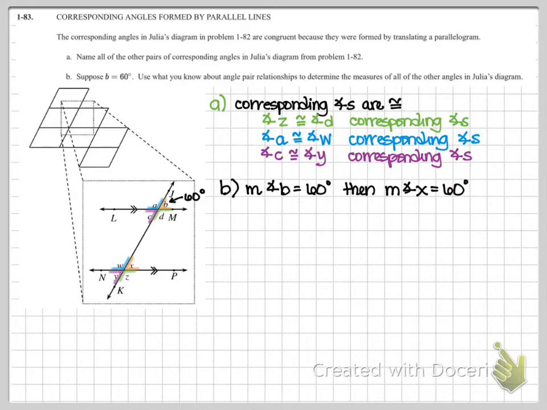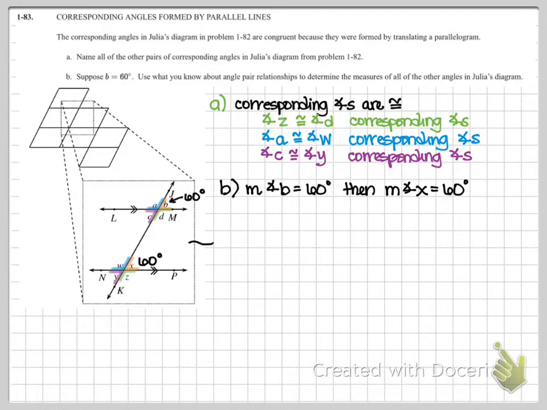And I know this because those guys are corresponding angles. We already determined that. Then we need to be able to find the rest of these, and we want to try to figure out a whole bunch of angle pair relationships. So I think I'm just going to start filling stuff into the picture. So I know that this is 60 degrees as well.